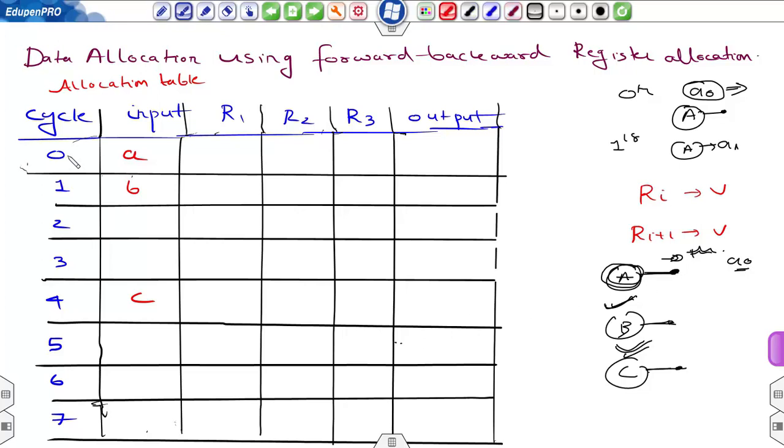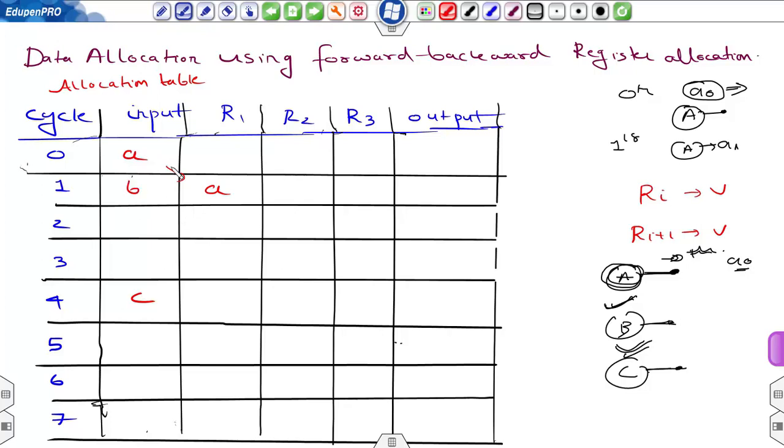Now we will allocate the registers to these variables sequentially. Starting from cycle 0, A is produced. During the next cycle B will be produced and A will be transferred to register R1.